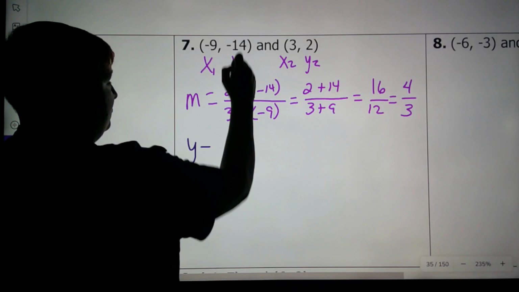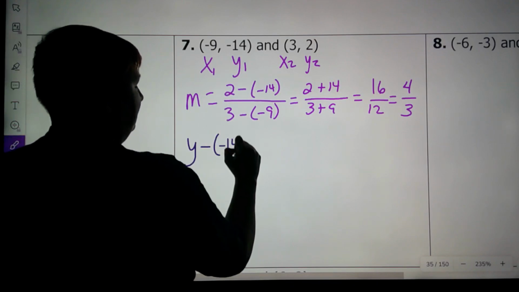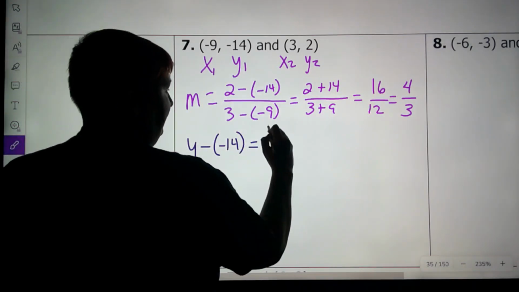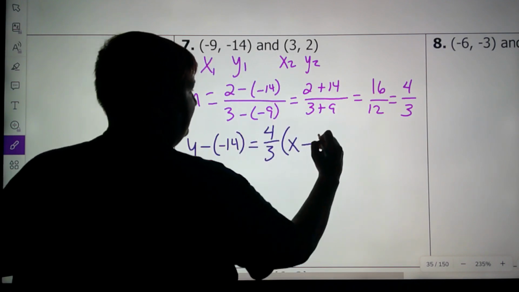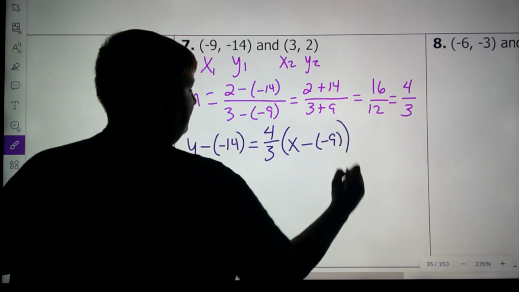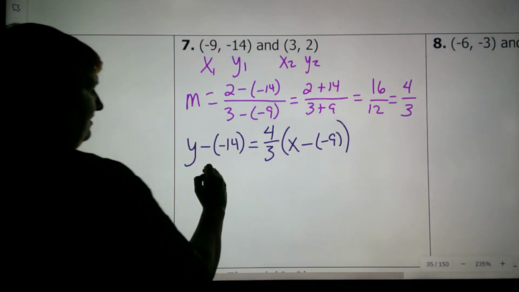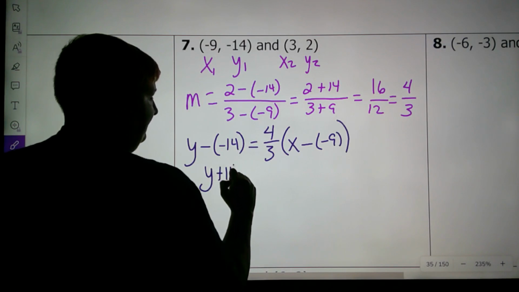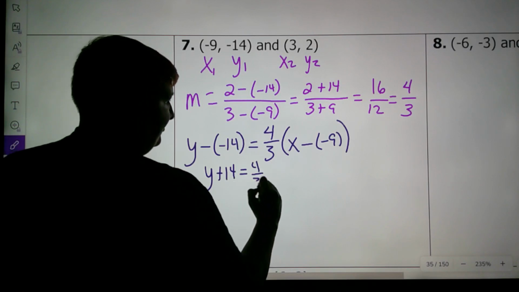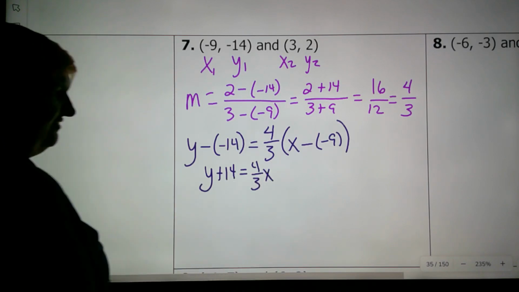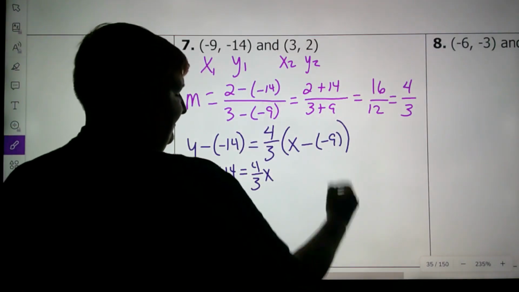Y minus y1 equals m times x minus x1. Y plus 14, negative times a negative is a positive, equals 4 over 3x. Negative times a negative is a positive.